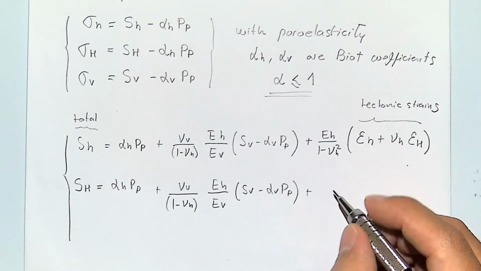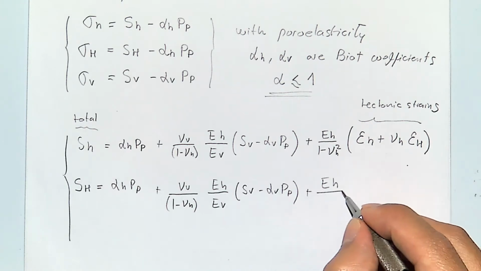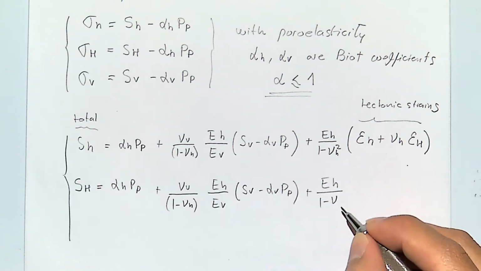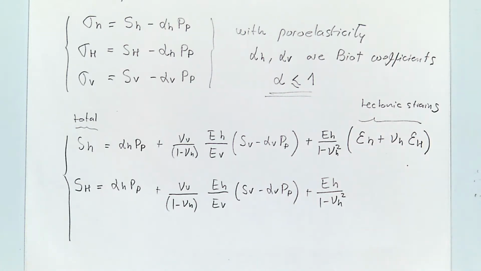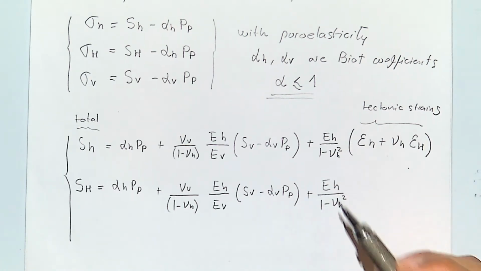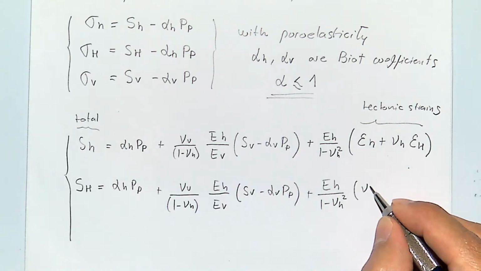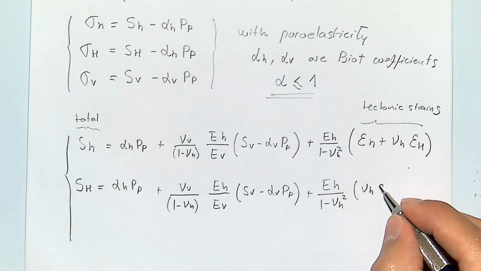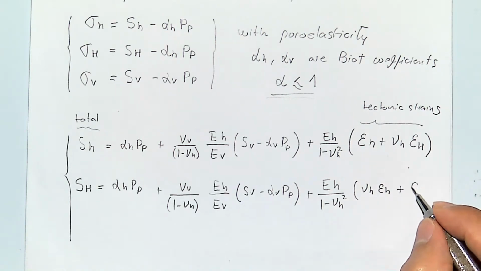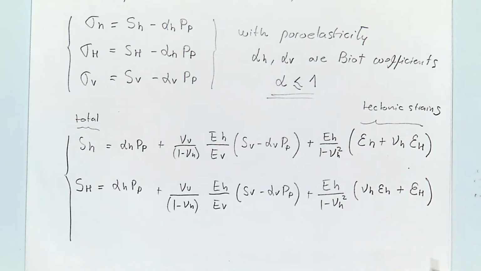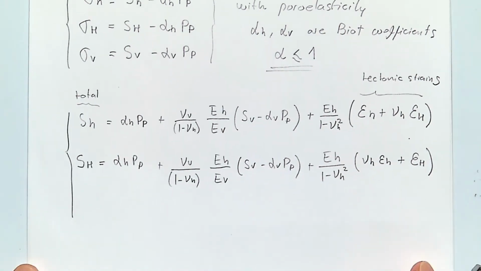Let me know if you see something that doesn't make sense. But probably you recognize this is a plane strain modulus, but now in horizontal direction. Compared to the previous equation, we have an additional term, which is this one, due to anisotropy.